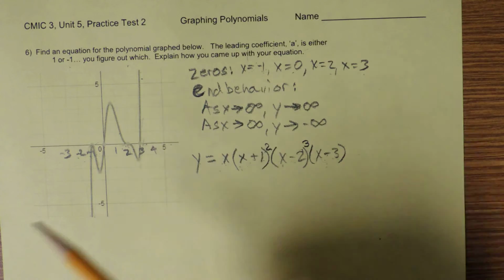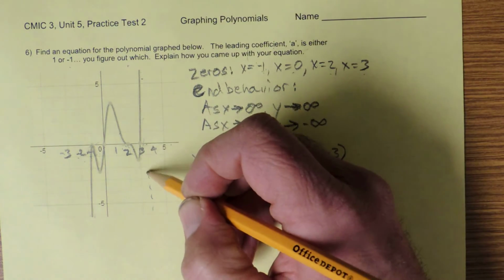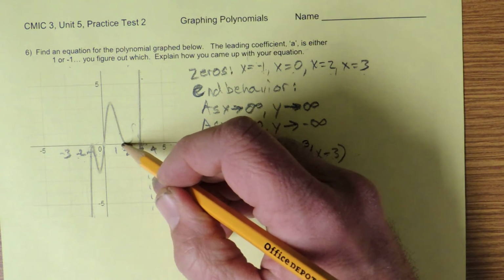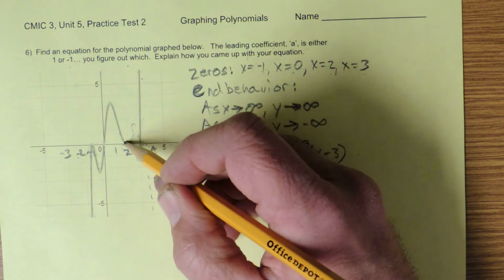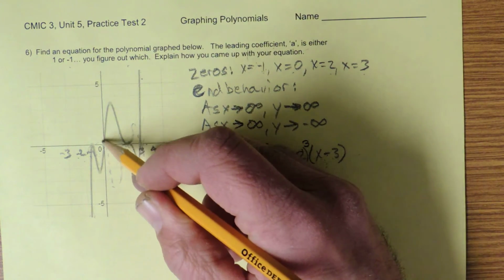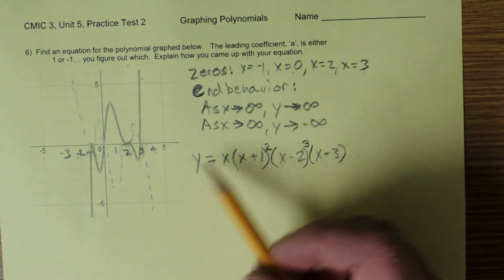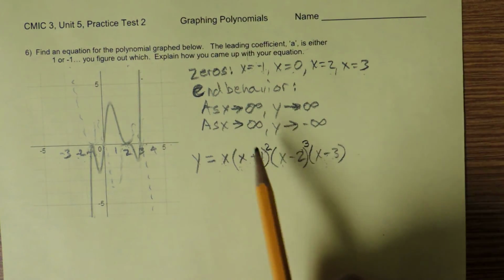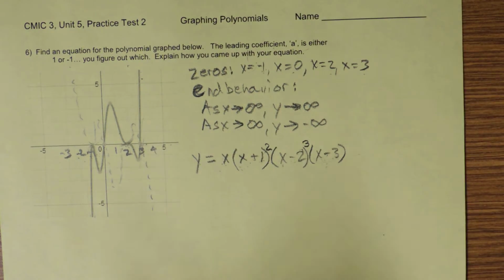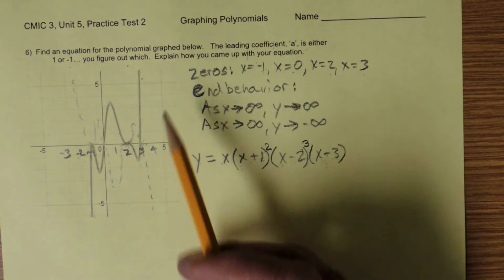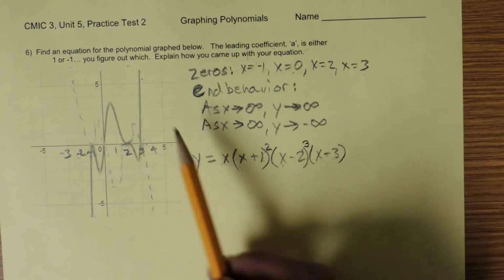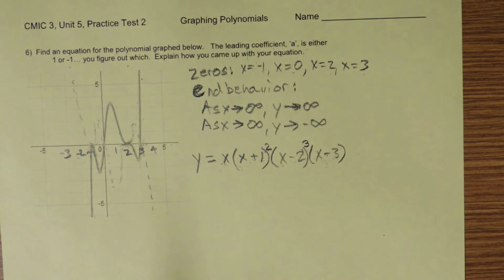If it were the other way, if I had a graph that looked like this, then I would know that I would need a negative number here. Because when they're all positive, I'd be going negative. I'd need a negative sign. In this case, when they're all positive, y is positive, I don't need the negative sign.